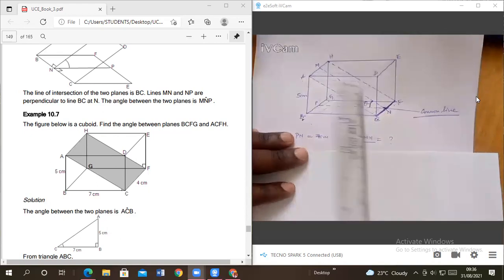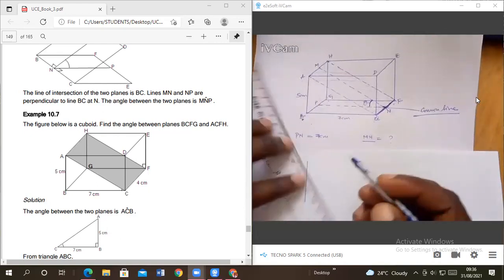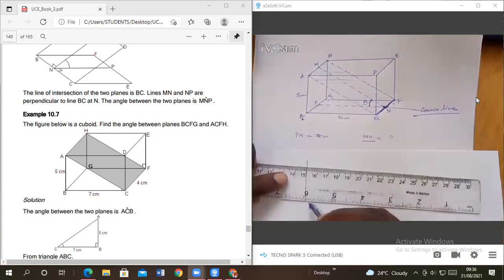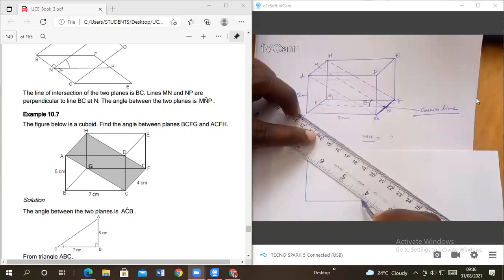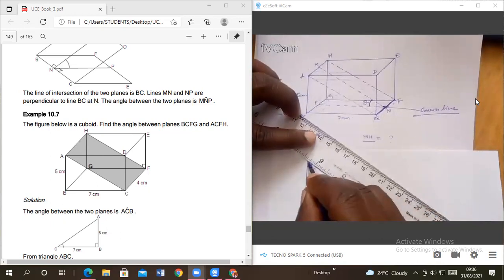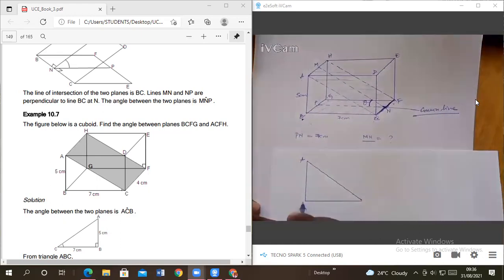So I'm drawing the right angled triangle ABC. This is A, this is B, and this is C. So this is 5 centimeters, 7 centimeters, and this is 90 degrees.